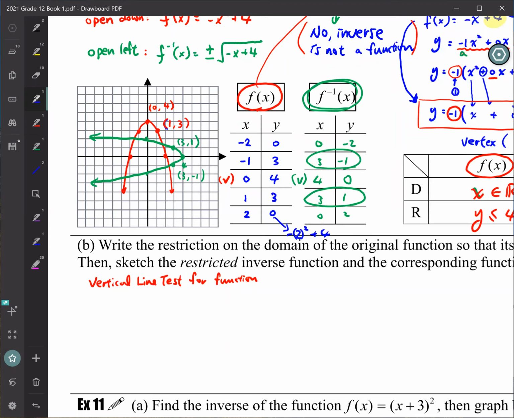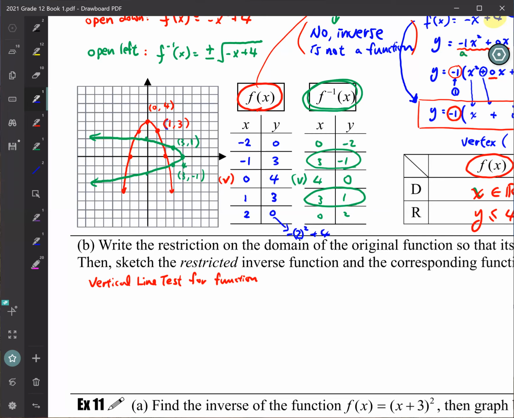Okay, anyone remembers? Daniel? I guess I use a pencil and go from left to right, and if an x value has more than one y value, then it doesn't work. Okay, so from left to right, that would be horizontal. If you want to do a vertical line, it should be from top to bottom.